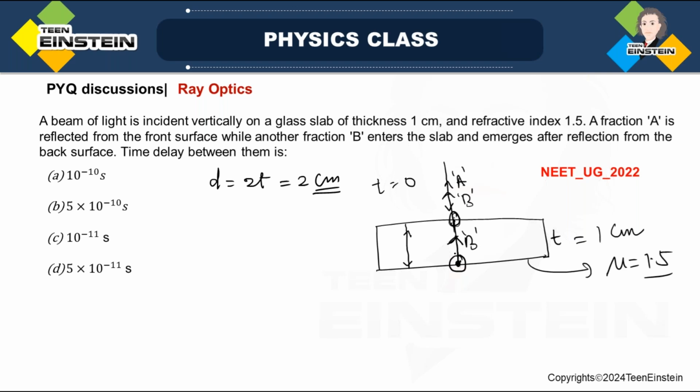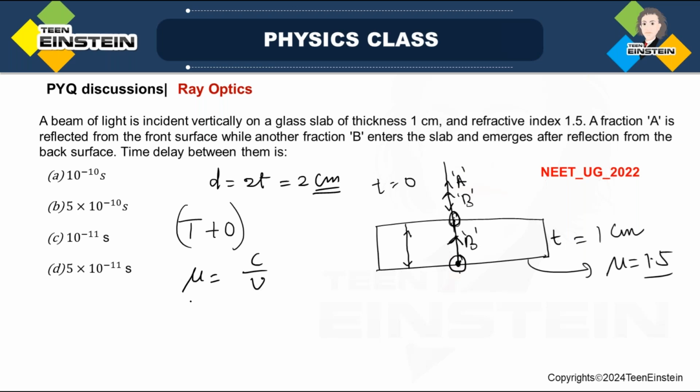If I say that the time is capital T, then capital T plus 0 is the total time it takes to emerge out. We have to find out what is this capital T time. That is the time to cross this glass slab twice by the fraction of light B.